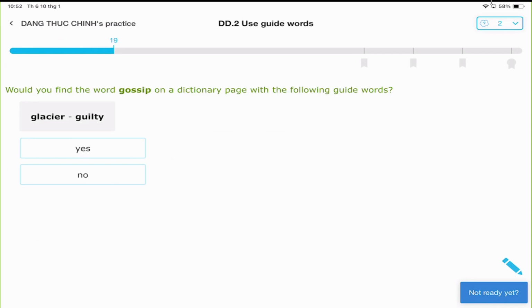Gossips. Now it asks us the same question just like before, so we would just use the same technique. They all have G the same, so let's look at the second letters, L and U. A, B, C, D, E, F, G, H, I, J, K, L, M, N, O, P, Q, R, S, T, U. Okay, now we stop.